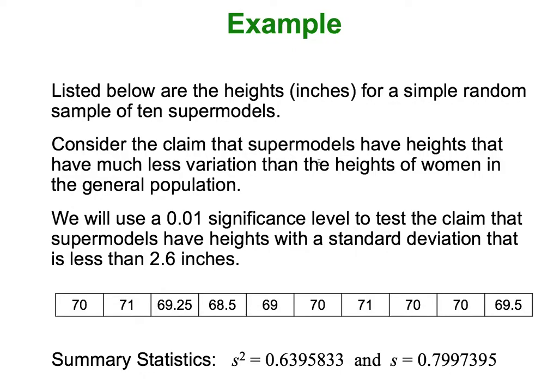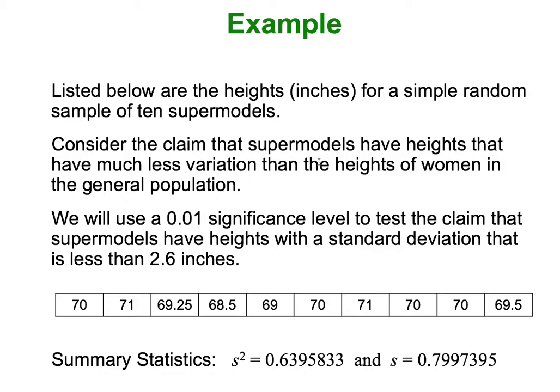Now let's go to an example here. We have the heights of 10 supermodels listed here, and the claim is that supermodels have heights that have much less variation than the heights of women in the general population. The standard deviation is given here as 2.6. That's what we're testing against.